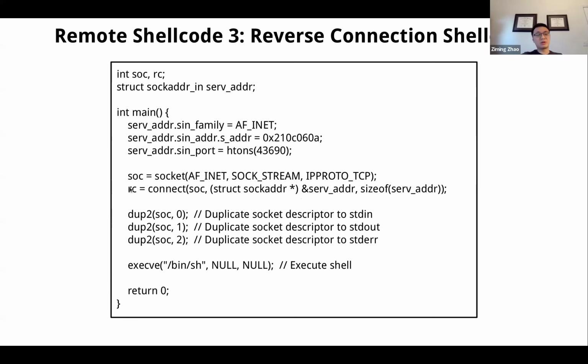That file descriptor is in sock, and this file descriptor we are going to duplicate to this program's stdin, stdout, and stderr. So after that, we execute the shell. So this is the same thing. The shell program still executes on the victim's computer.